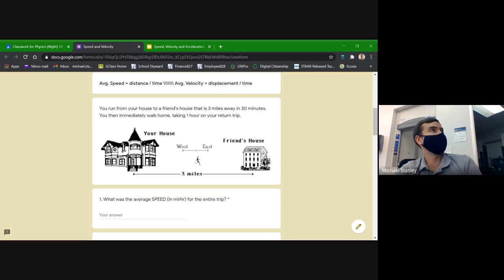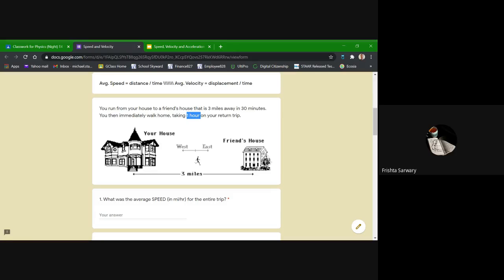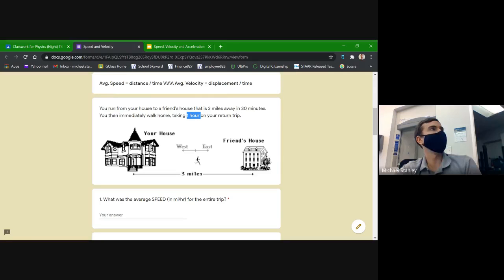So if it took you 30 minutes to go in one direction and 1 hour to go in the other direction, then how many total hours did you spend walking? 1 hour and 30 minutes. And how long is 30 minutes compared to an hour? Like what percentage of an hour is 30 minutes?